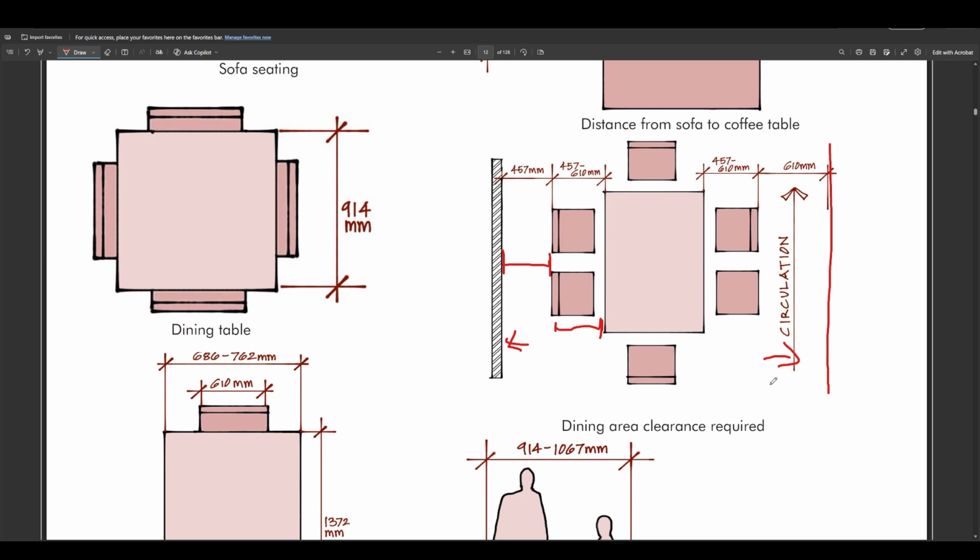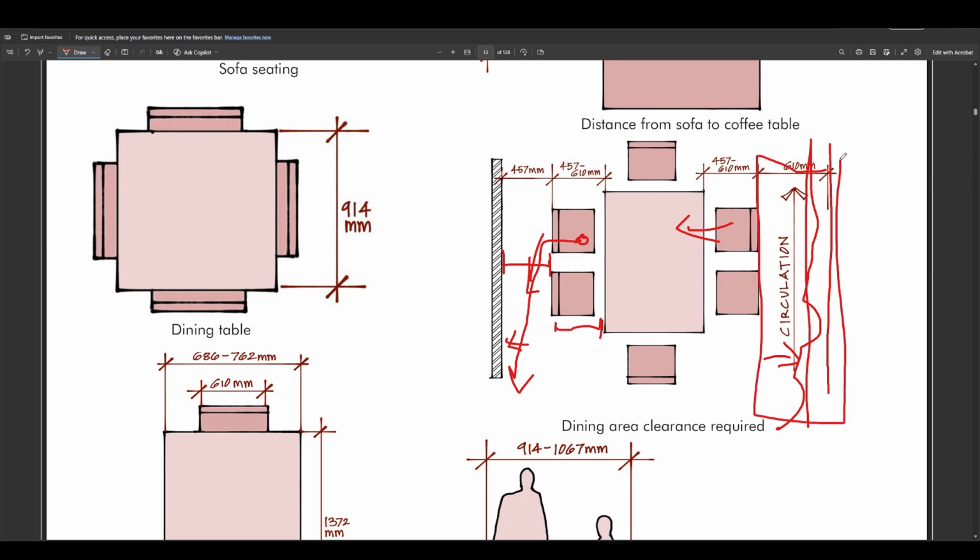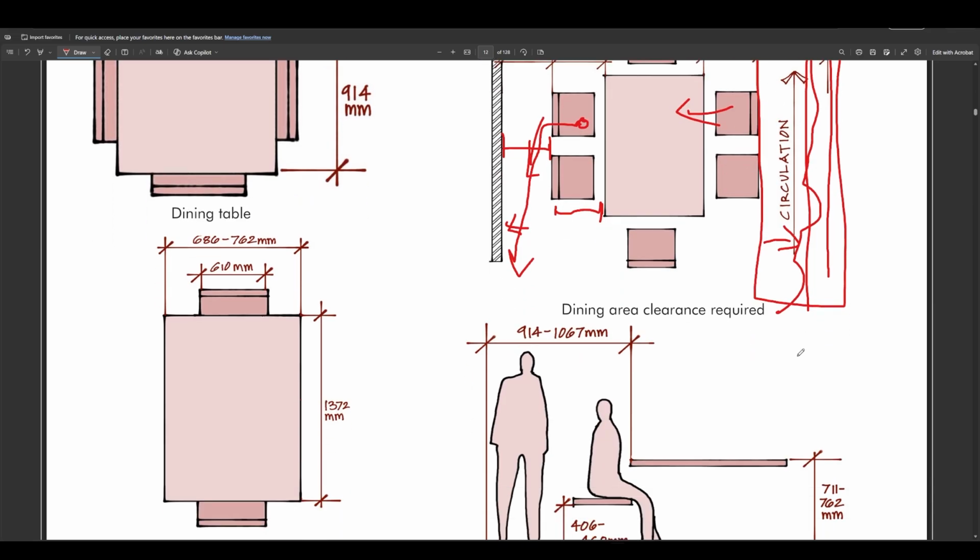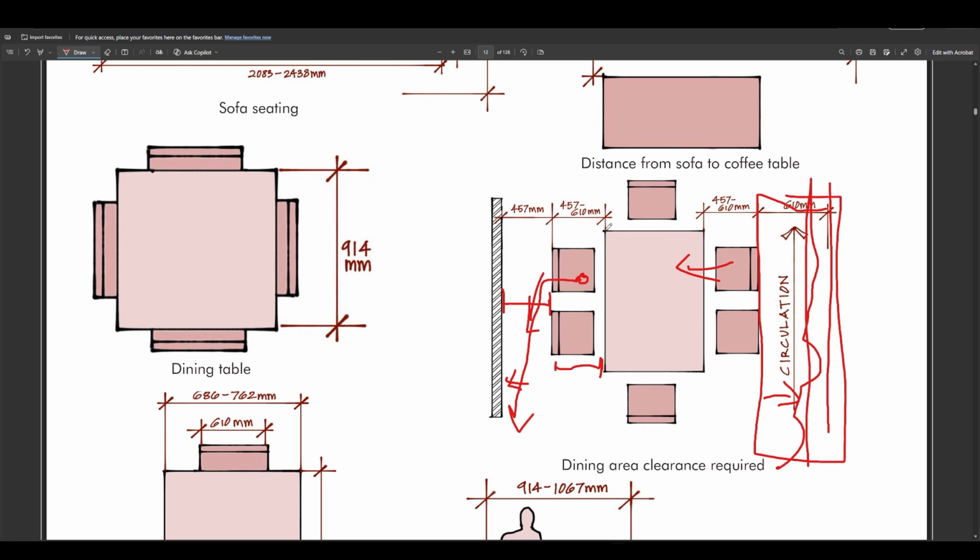So if someone wants to go out, and if the people are eating here and someone else is passing through, then they need at least 2 feet of space as a circulation space, so we can move the chair outside and the person can sit here and eat.